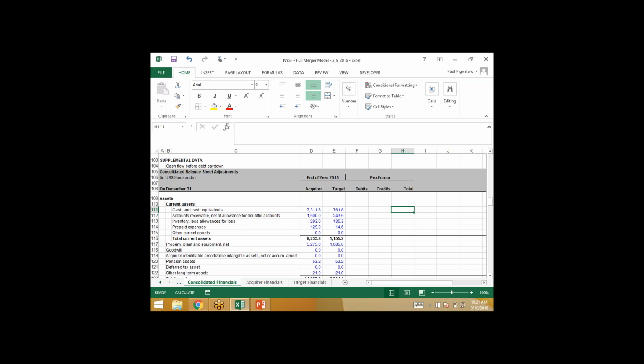So for every asset, it's going to be equal to the acquirer plus the target plus debits minus credits. Because with liabilities, it's the opposite. Acquirer plus target plus debits minus credits. So we will set this up in preparation.